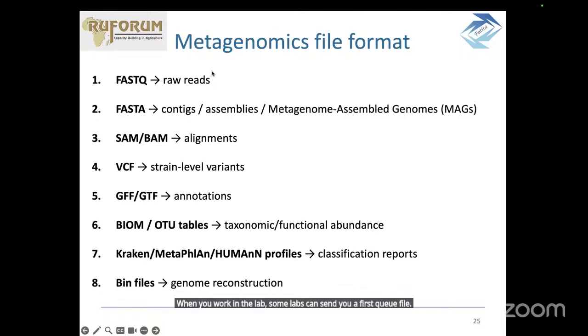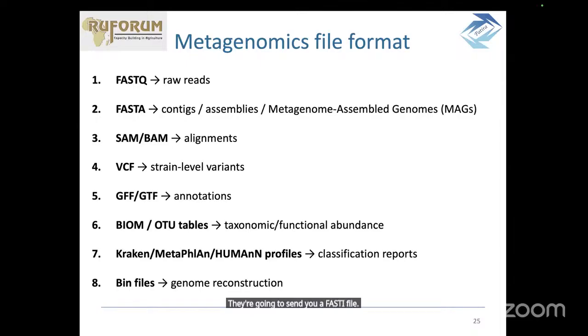These are raw reads. So we are going to work with FASTQ files. Remember when Peace told you to download that sequence zip file and you unzipped and copied those 24 files, those are FASTQ files. But sometimes when you're working with somebody somewhere, they're going to send you a FASTA file.